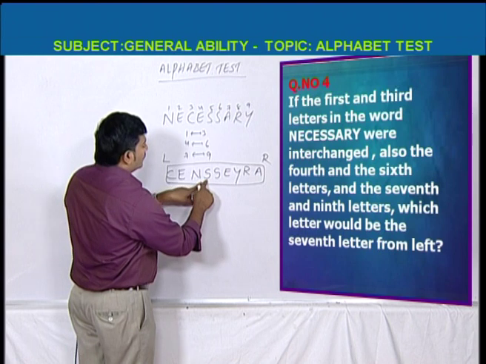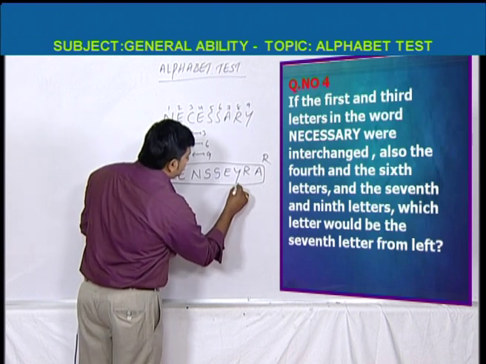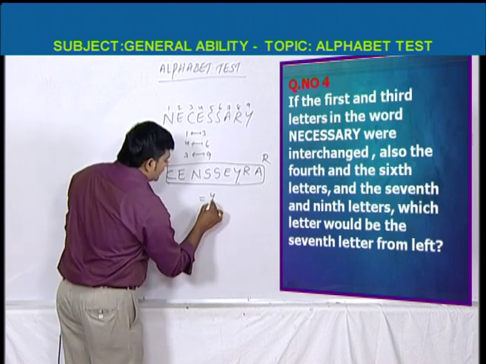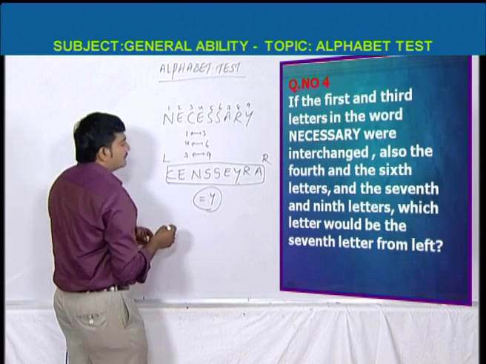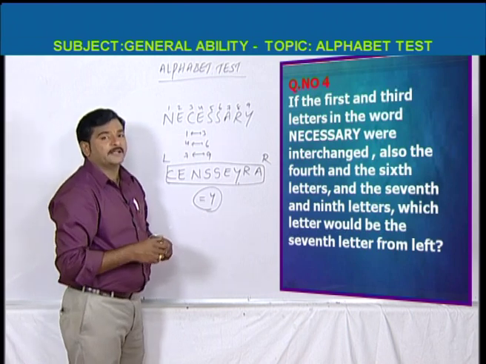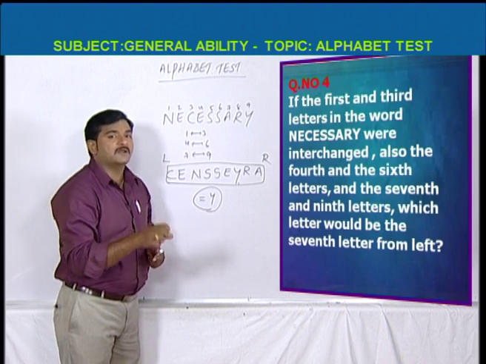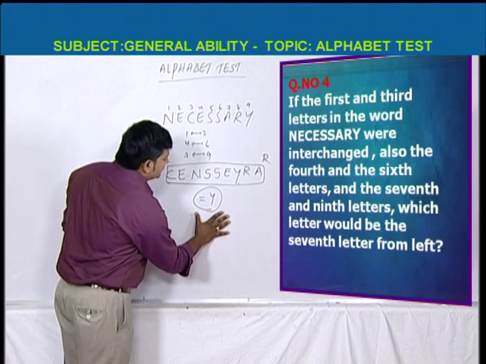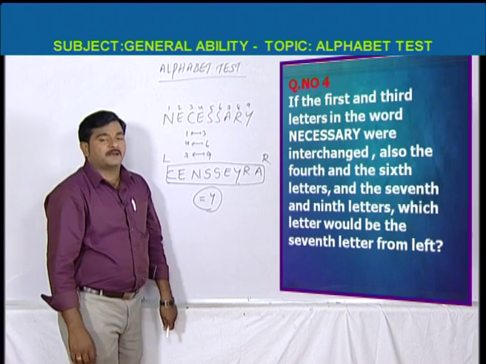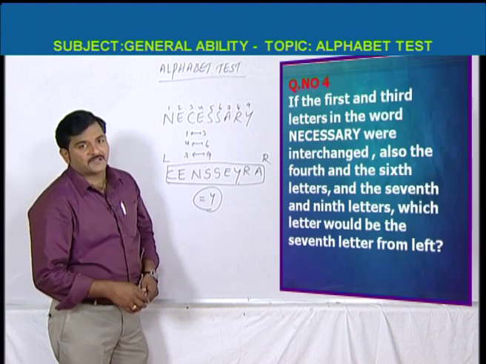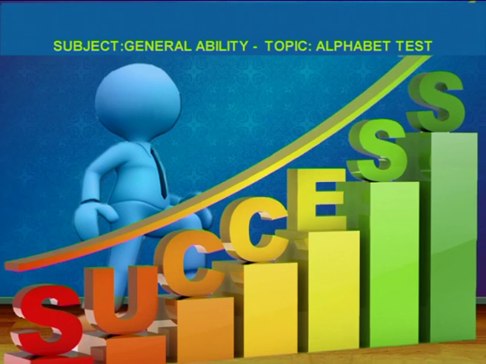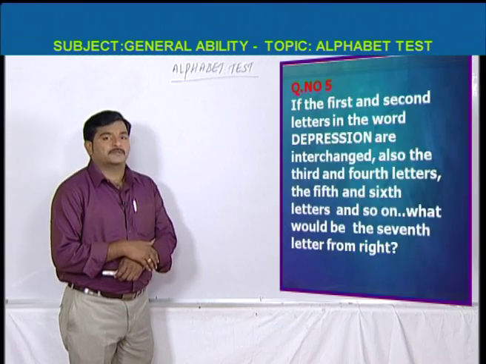Y is the 7th letter in the given word necessary, after interchanging the given letters accordingly. Y is the letter which is 7th from the left. I hope you understood. Based on this model, we will discuss one more question.